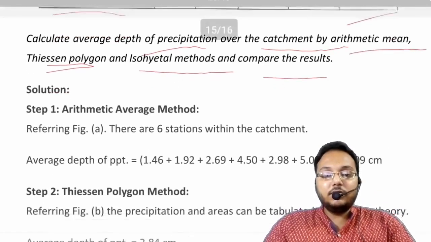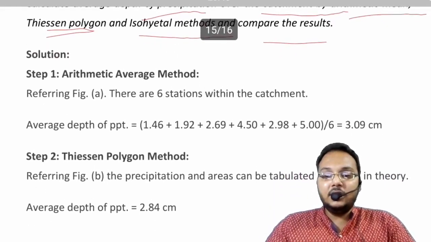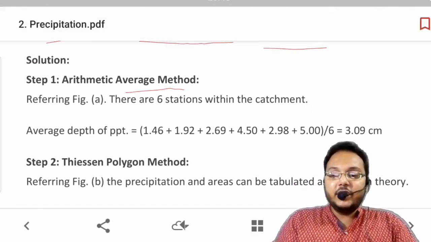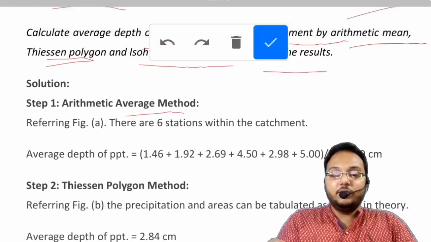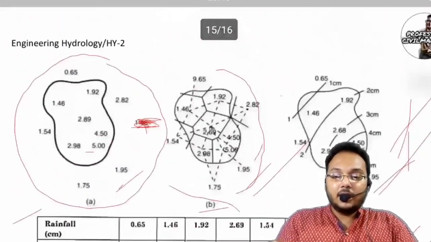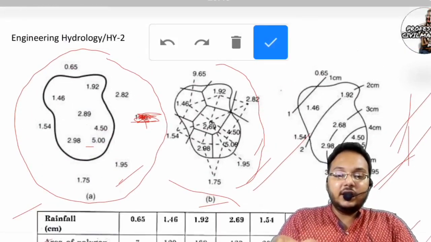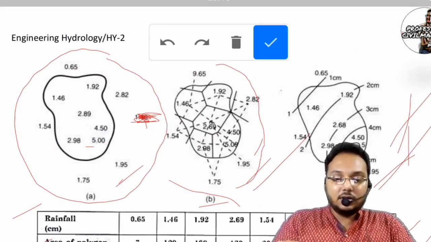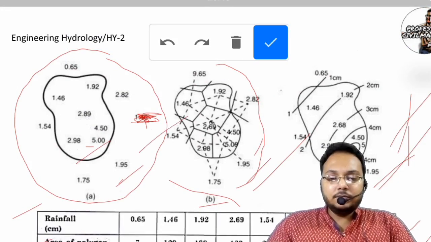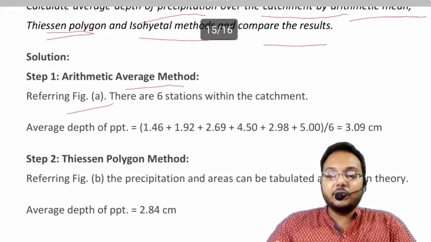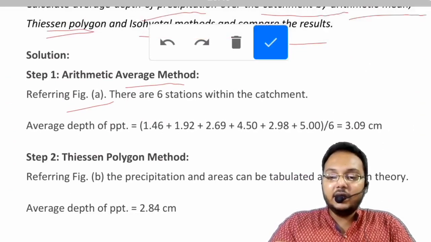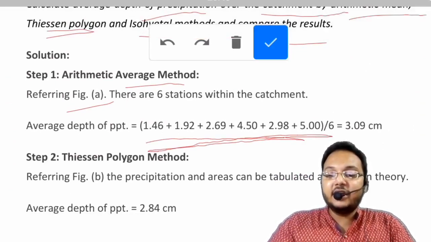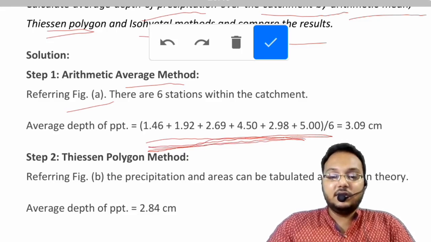So for step 1, the arithmetic average method, we must refer to figure A for this. Which is figure A? This one. This is figure A, 6 stations inside the catchment and 5 stations outside the catchment. And now the average depth of precipitation is simply given by adding the gauging values which are inside the catchment divided by 6.